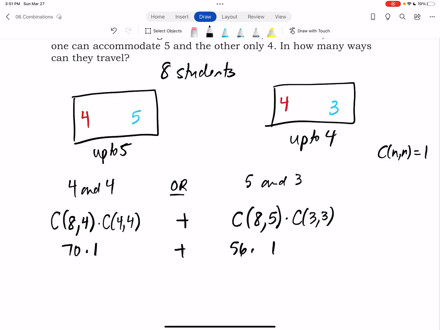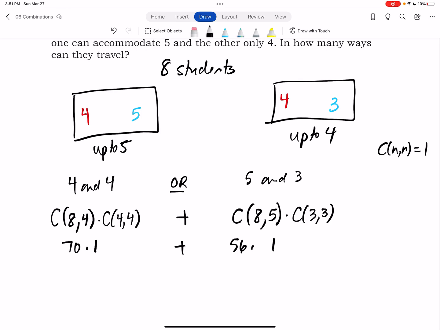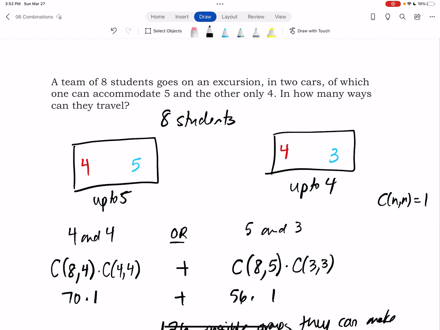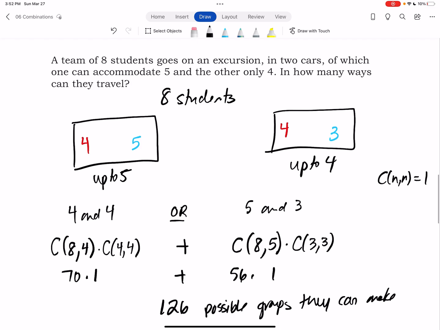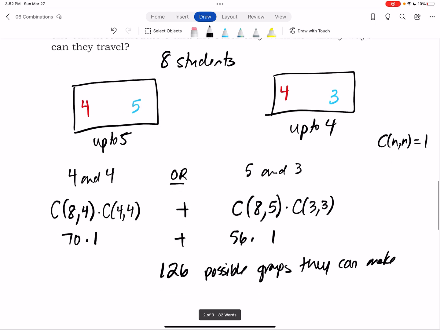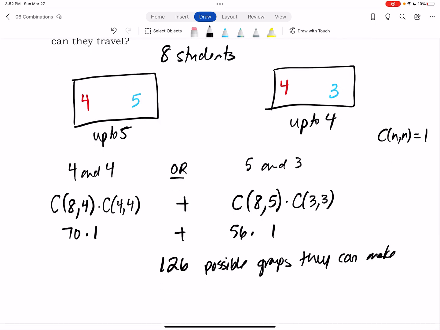I have to put all the other 4 in the other car. So this is 70 plus 56, 126 possible groups they can make. And this is the 2 possibilities of 4 students in both cars, or 5 students in one and 3 in the other. I have to take all 8 students, right? So I can't do any less than 4 in a car. I can't do any less than 4 and 4 or 5 and 3. Can't put 2 and 6 because the cars don't hold enough people.